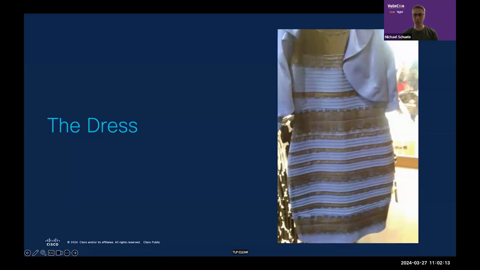If you don't believe me, just talk to the people around you. There might be surprisingly different opinions. What this revealed is that while we are all looking at the same thing, we may perceive things differently. There's been a big scientific effort trying to understand why, and the latest I saw, there was still no consensus.